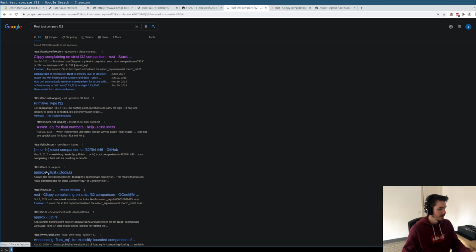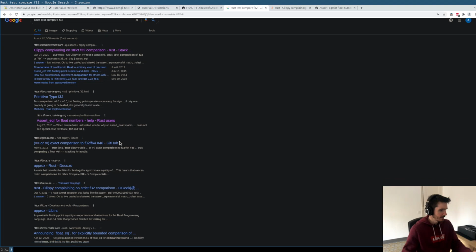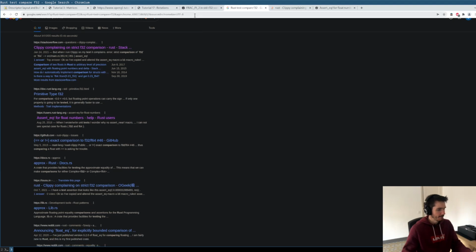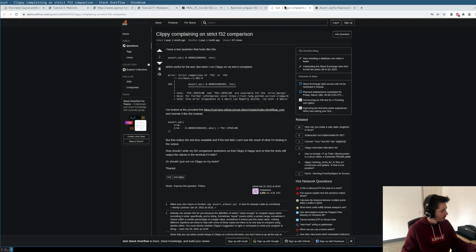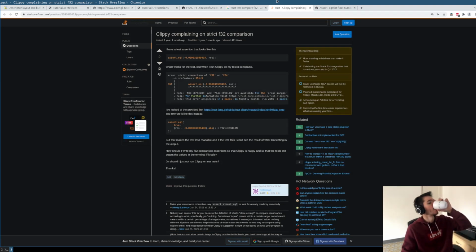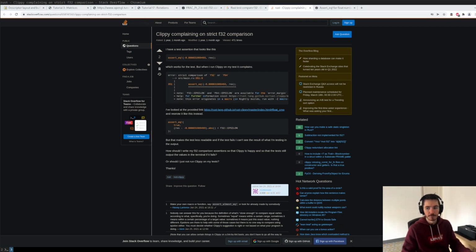Approx, there is a crate, looks like. F32 epsilon are available for the error margin.